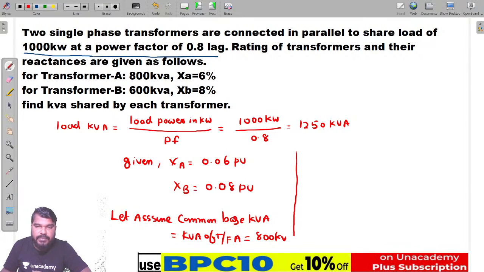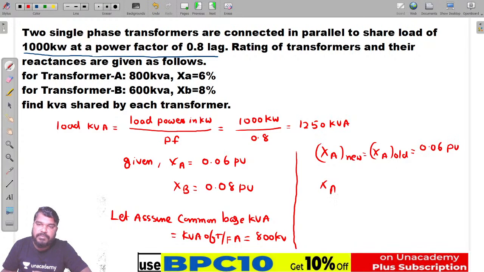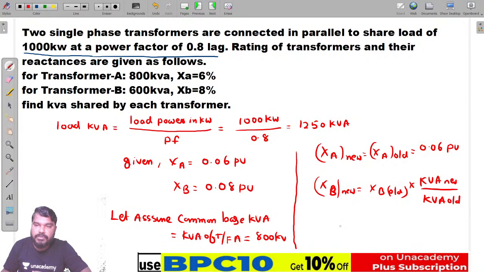Therefore XA new is 0.06 per unit, as the kV ratings of both are the same. Next, XB new is equal to XB old into kVA new divided by kVA old, which is 0.08 into 800 divided by 600.